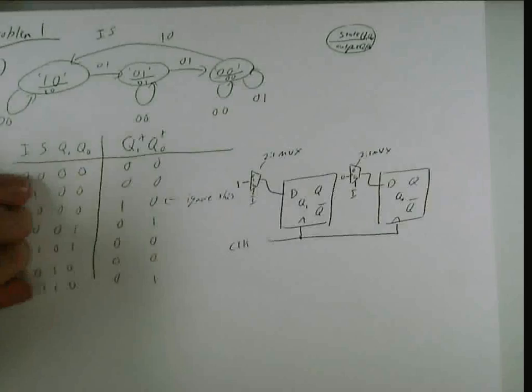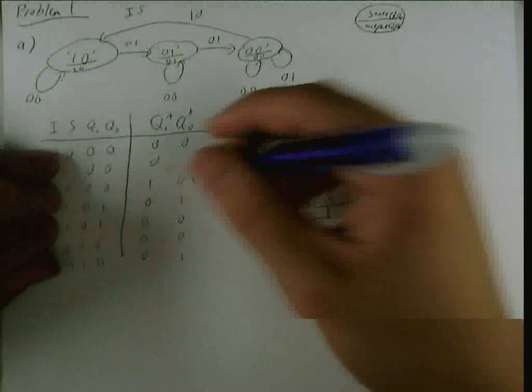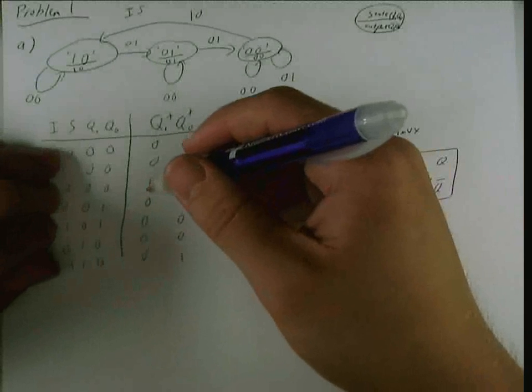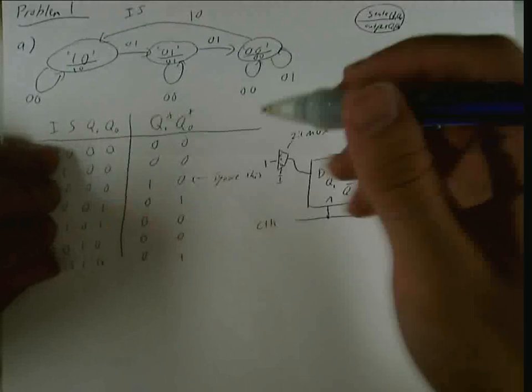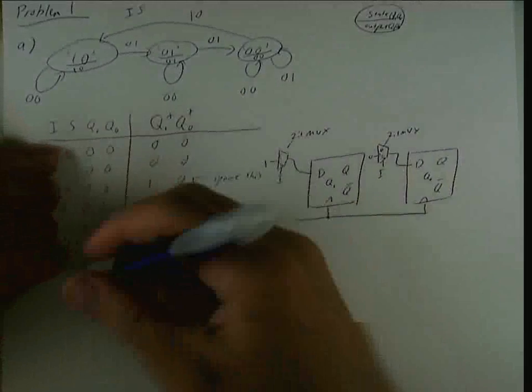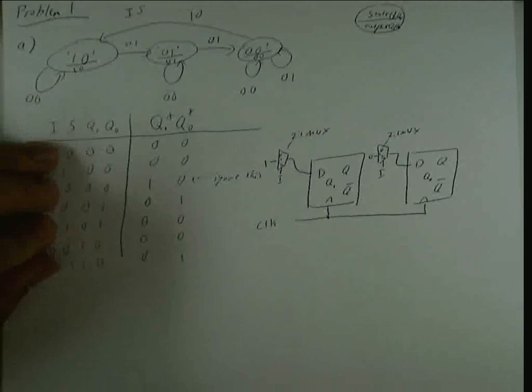And this is actually a complete truth table now. And so Q1 plus is going to be 1 when we have 0, 0, 0. And we're going to have 2 don't cares down here. Sorry, my voice is very hoarse.